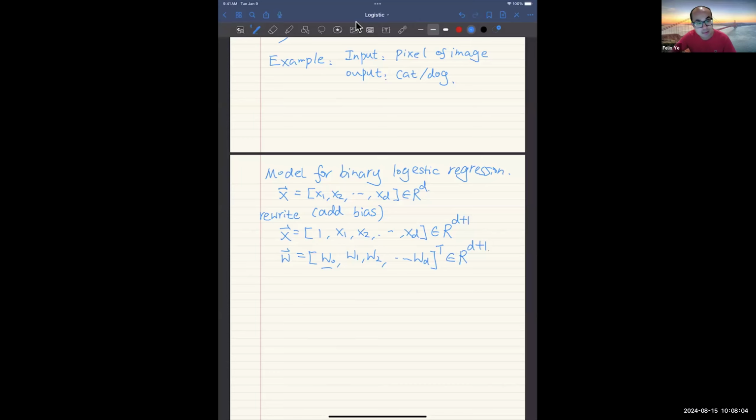Again, it's very similar to linear regression. I'm going to define the pre-activation value.